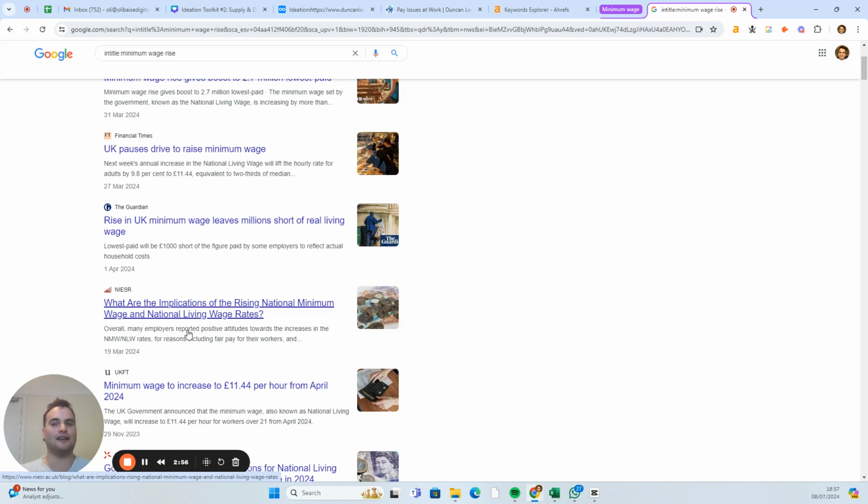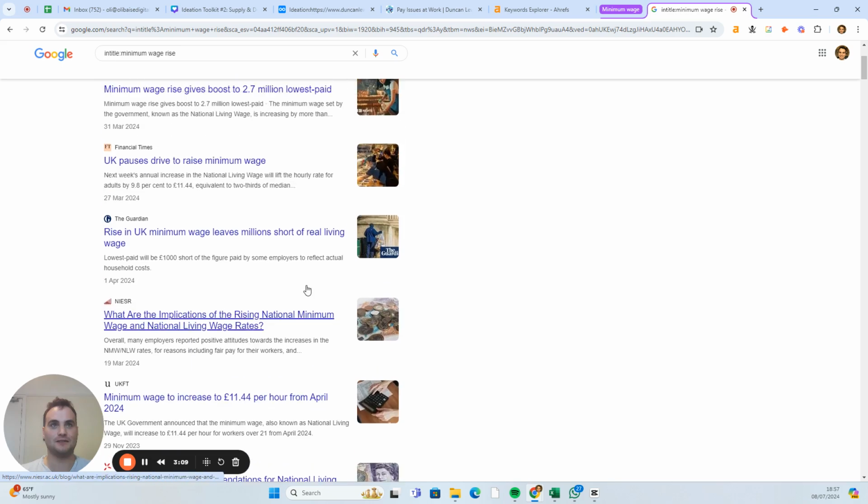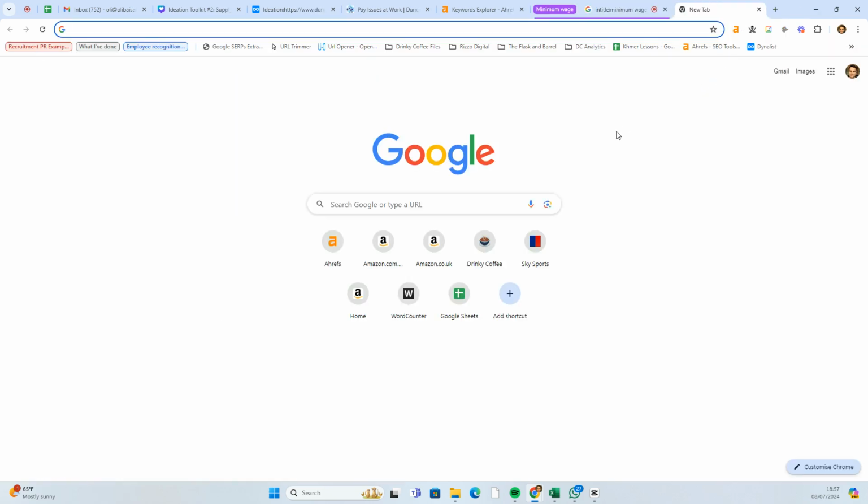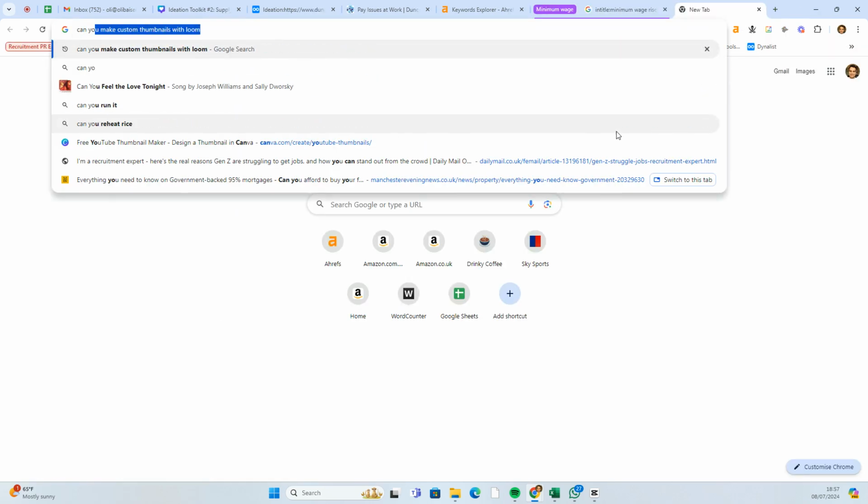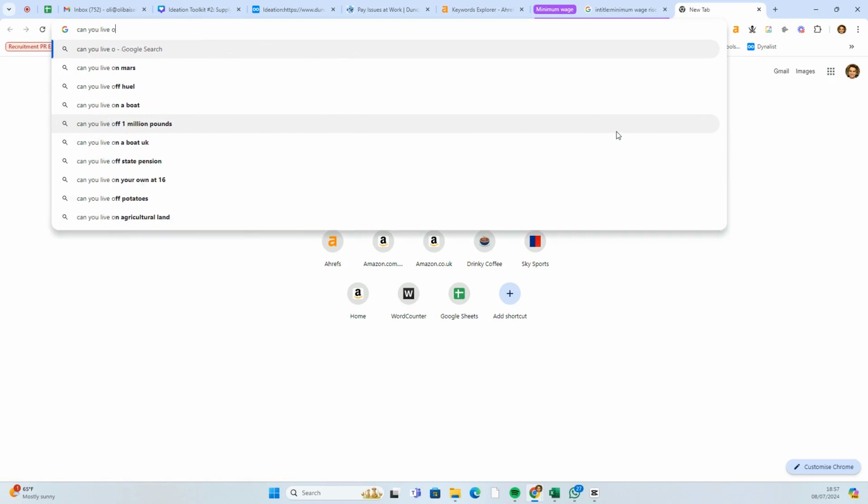So now I'm thinking I could do something that crunches the numbers about whether the minimum wage actually covers your living costs. So I'm going to Google that. Like, can you live on the minimum wage UK?